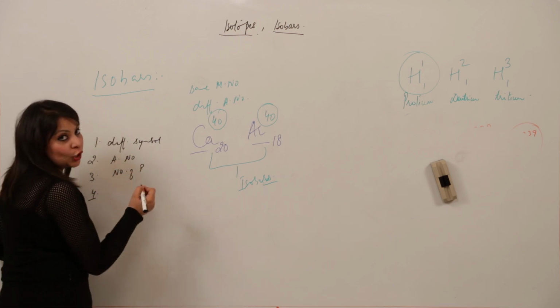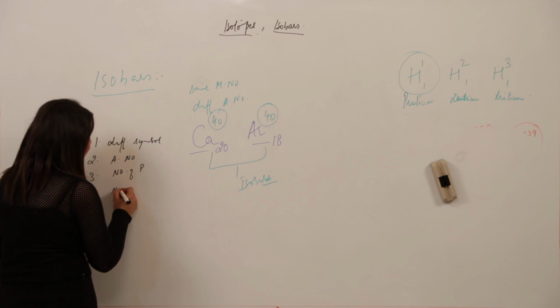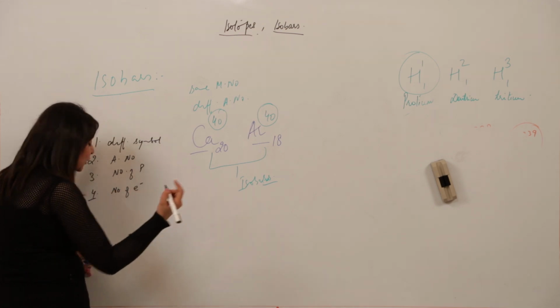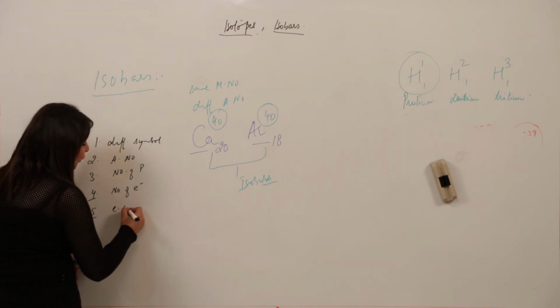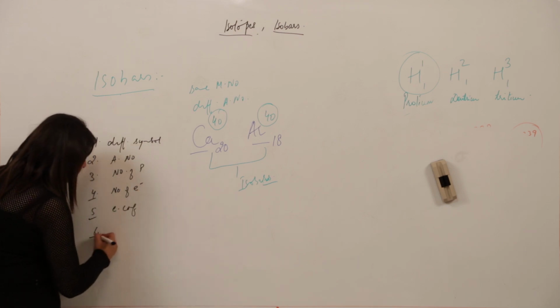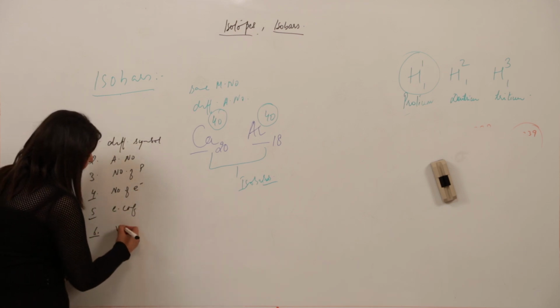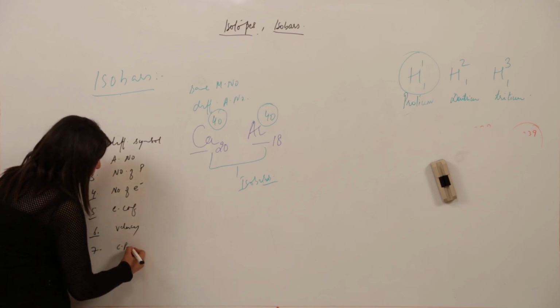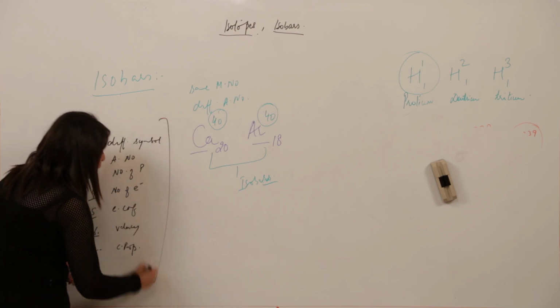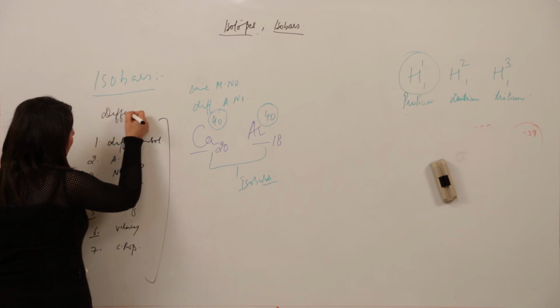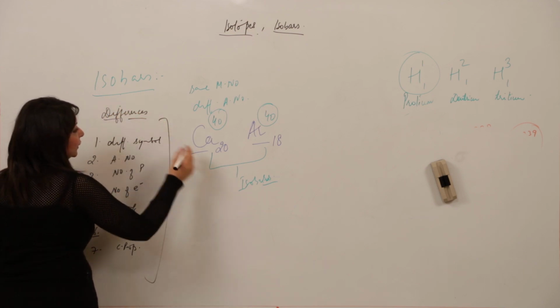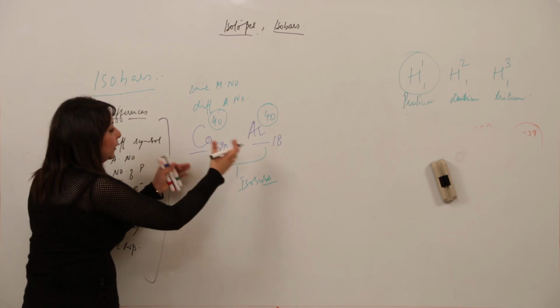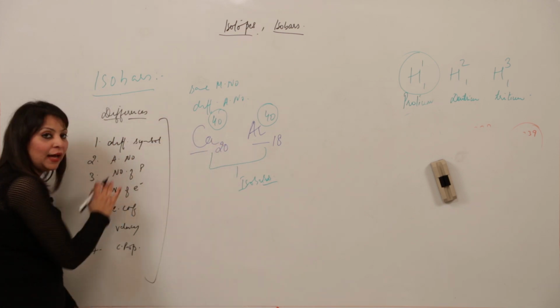As we know, the number of protons is equal to the number of electrons, so they have different numbers of electrons as well. That means the electronic configuration is different, and likewise the valency is different, and if the valency is different, the chemical properties are going to be different.